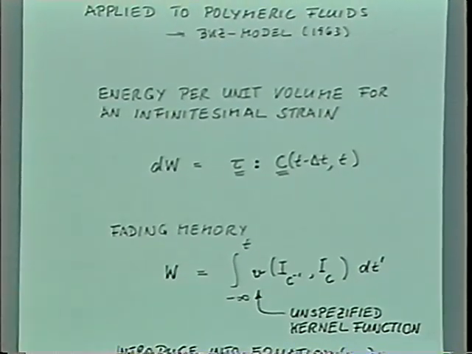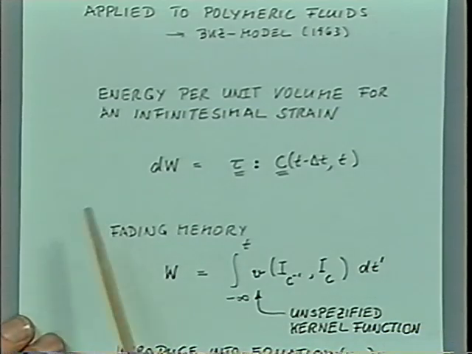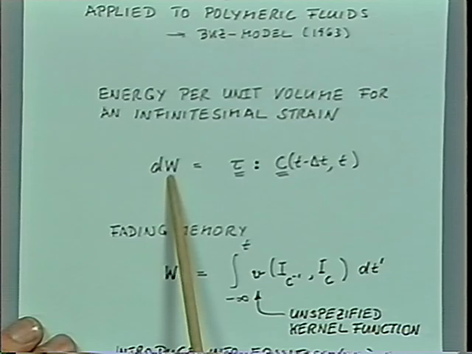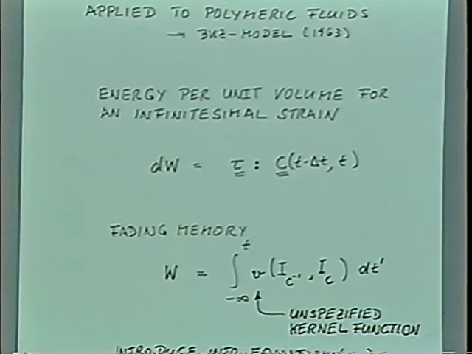The strain energy function, we discussed that a little bit last time when we talked about rubbers. The strain energy function basically gives the energy per unit volume associated with a strain.